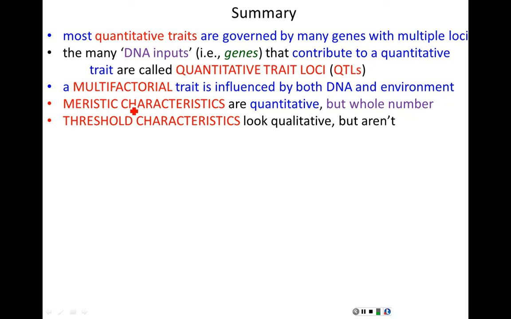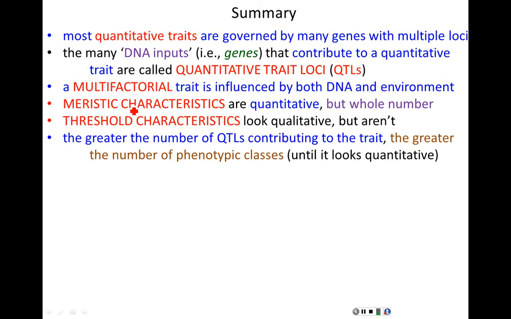But if you get behind the scenes and look at the trait, you see there's a broad spectrum of health, from very, very healthy to just a hair's breadth away from being diseased, and so threshold characteristics are most definitely quantitative. The greater number of QTLs, the greater number of phenotypic classes, the greater spread we get in those phenotypes, the more that trait looks quantitative, and we went through a little thought experiment there with the different histograms.